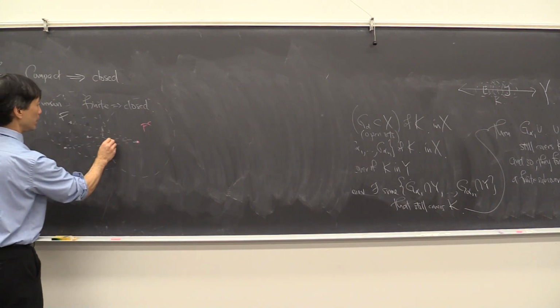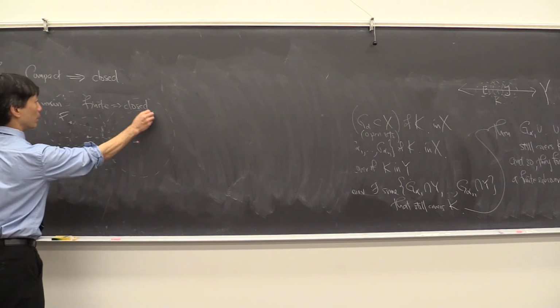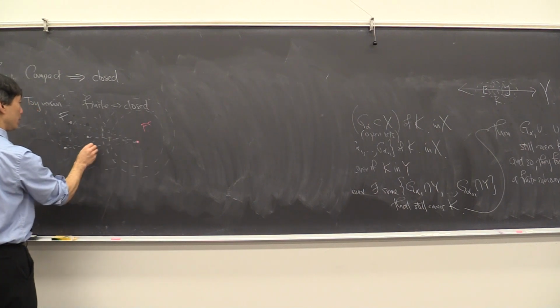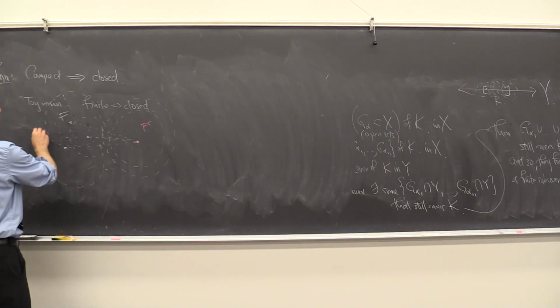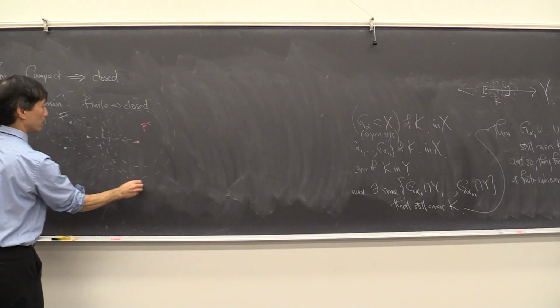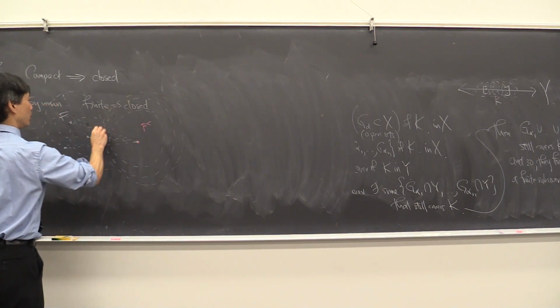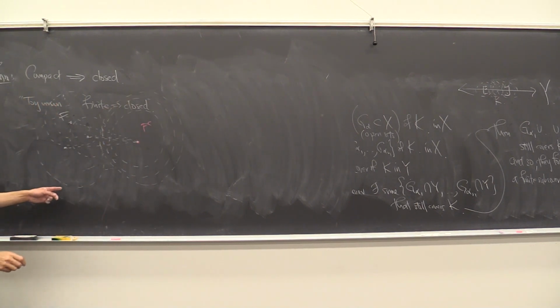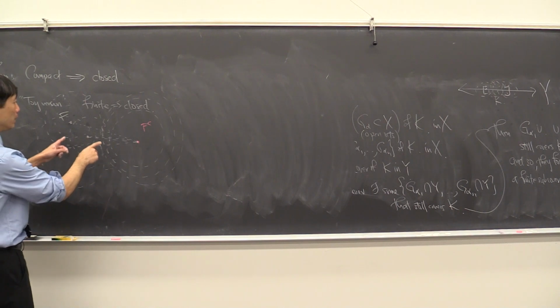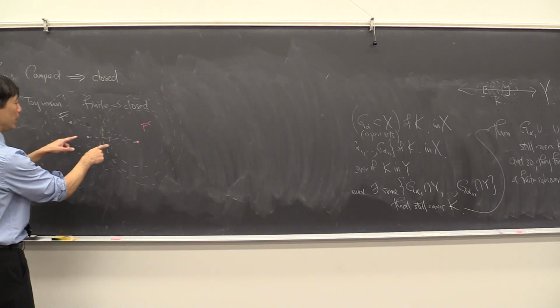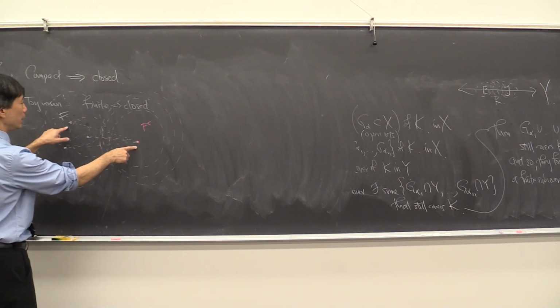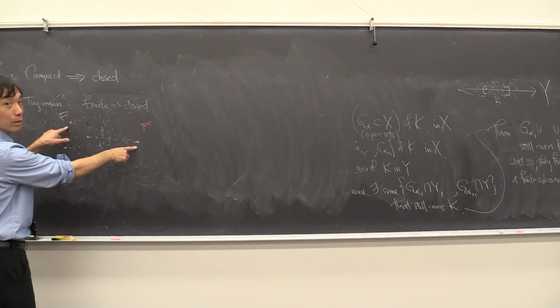So here I take this point, and here I take half of the distance. So you know that each of these balls doesn't intersect its corresponding ball.